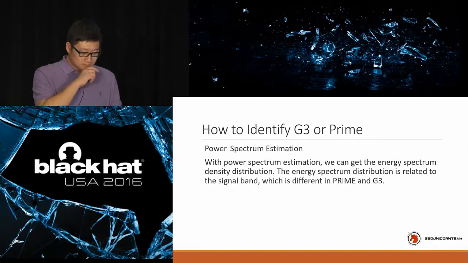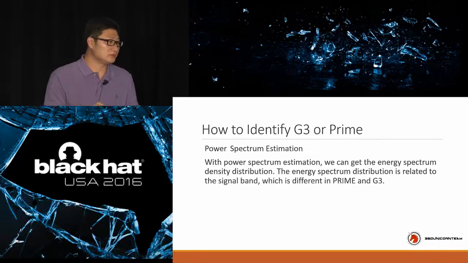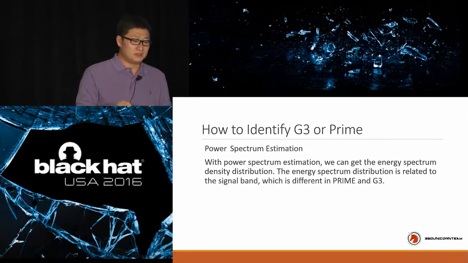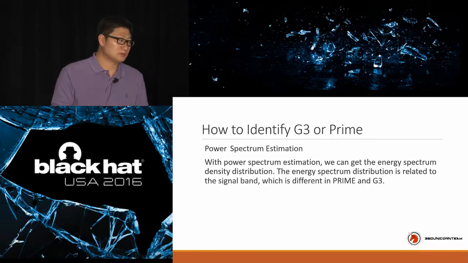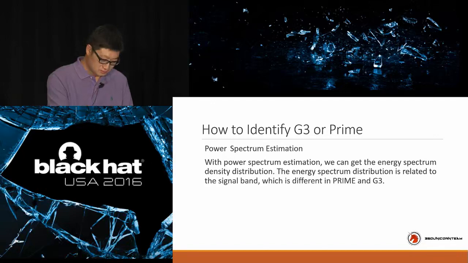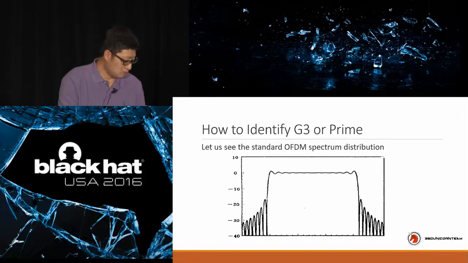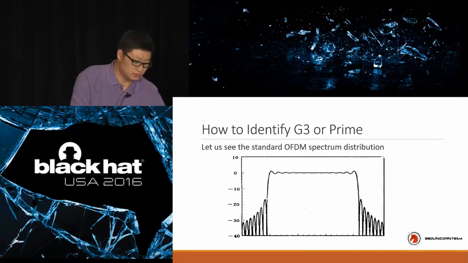After doing the Fourier transform on the autocorrelation sequence, we get the power spectrum estimation. This is a typical OFDM spectrum distribution.